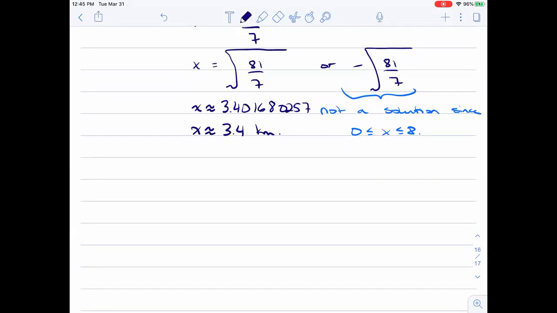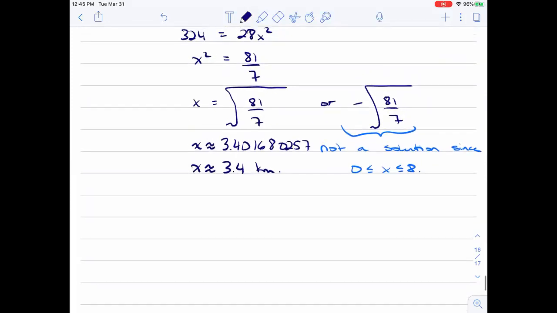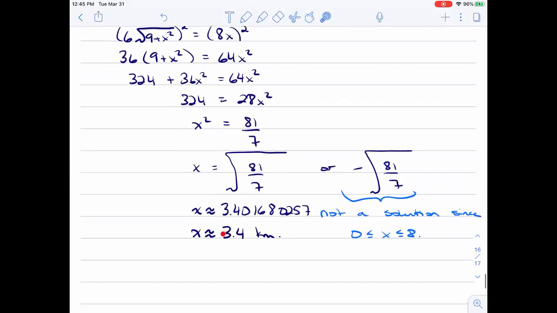That's how far down I would need to go, and so that's one of my critical numbers. This is either a maximum or a minimum, presumably a minimum, but we have to make sure.